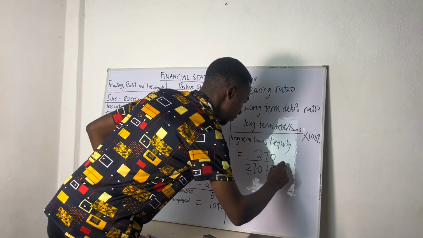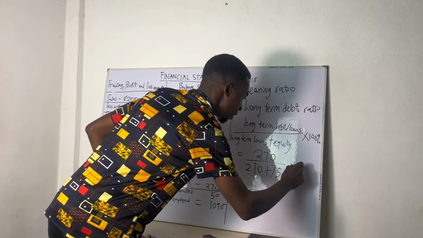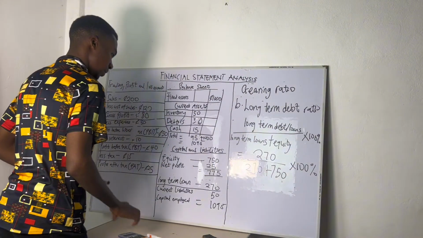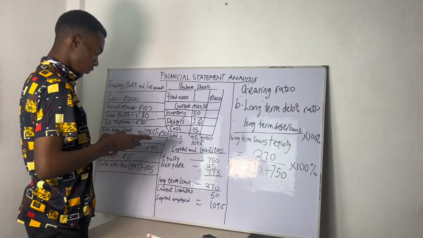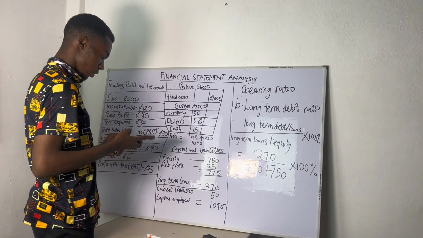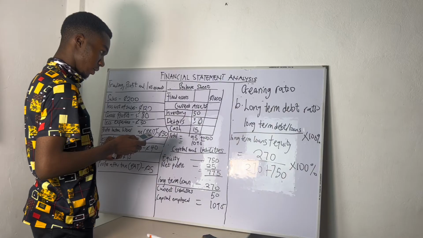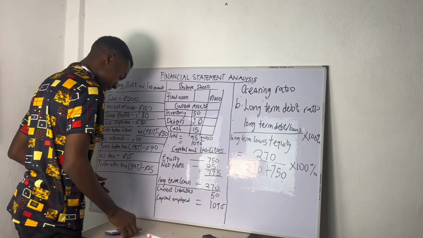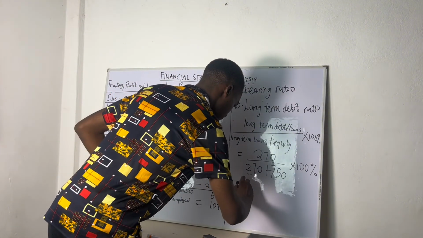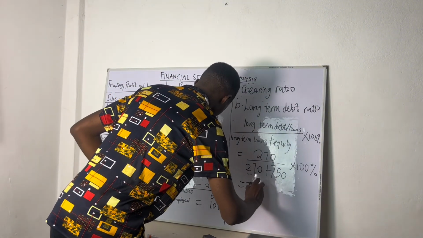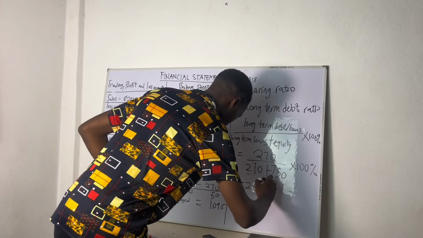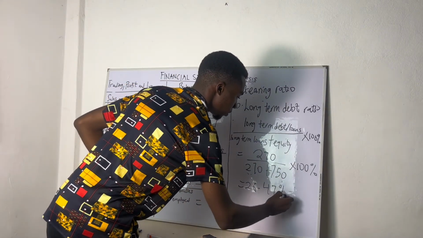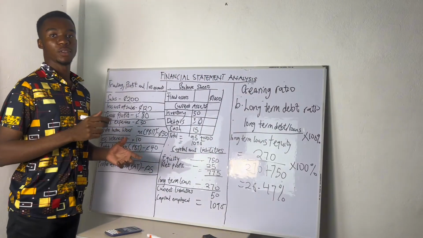Equity is 750 times 100%. So 270 over 270 plus 750 times 100%. We are getting 26.47%.